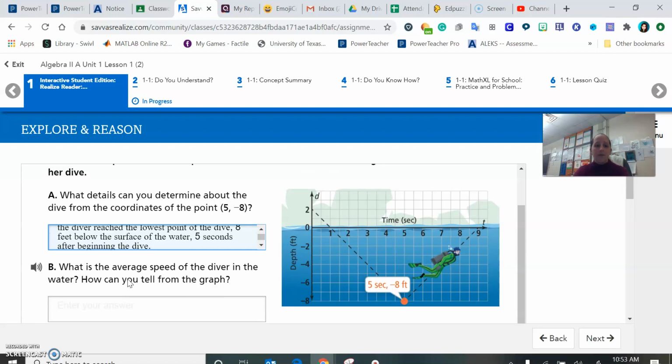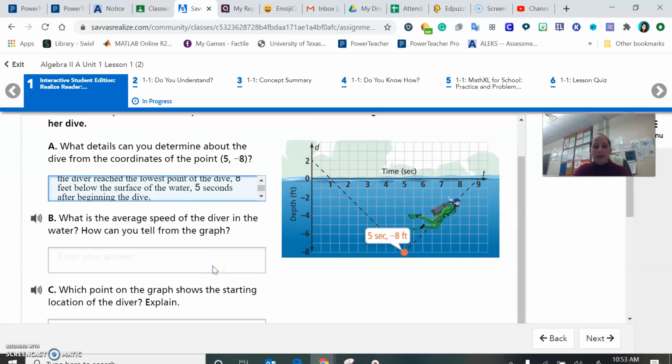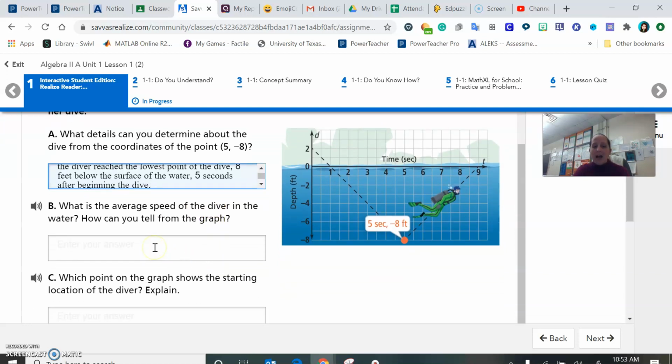Okay. Letter B says, what is the average speed of the diver in the water? How can you tell from the graph? So remember, the average speed is basically the same thing as slope. So I can look and I can find, okay, at 0 seconds, I was 2 feet above water, and at 1 second, I was in the water at 0.